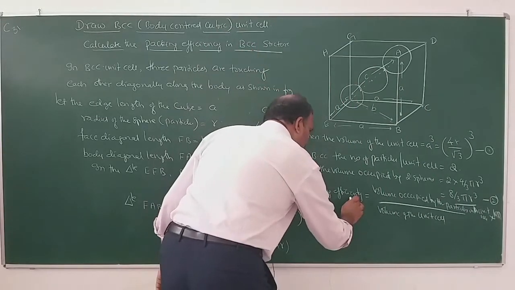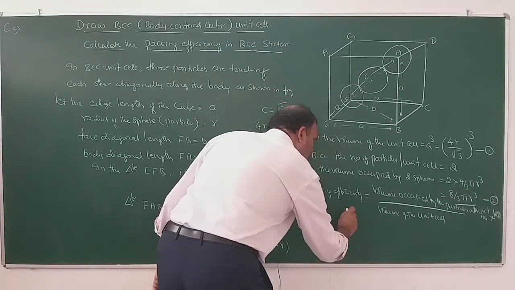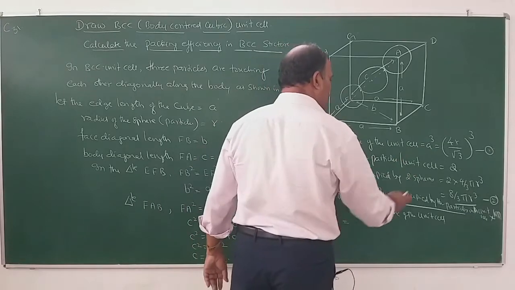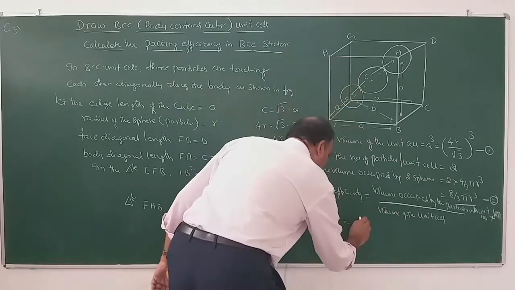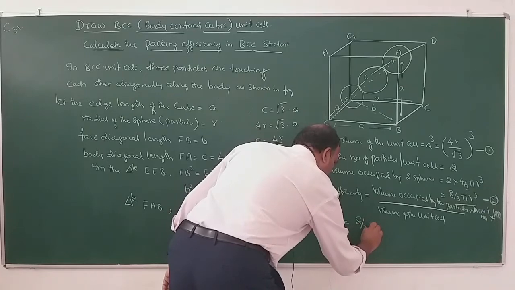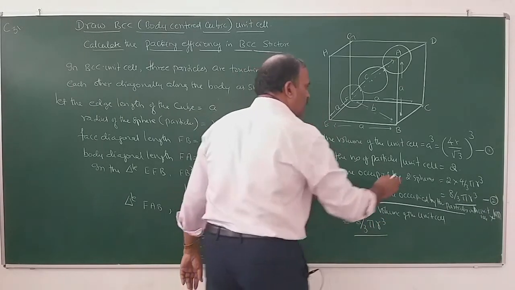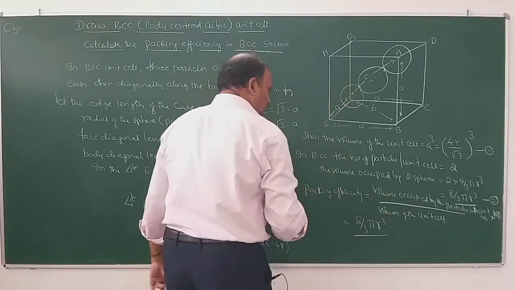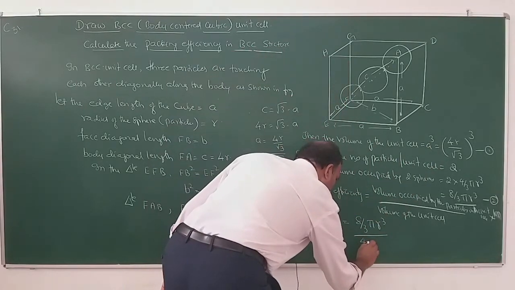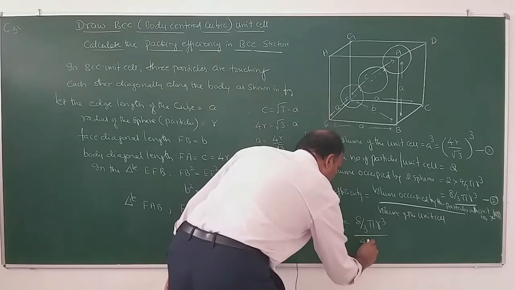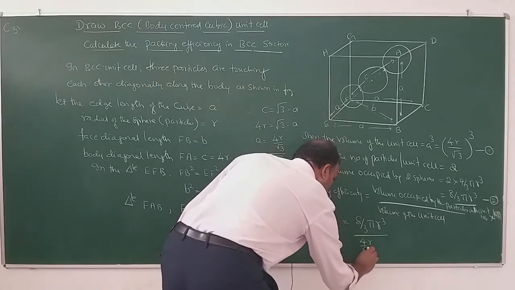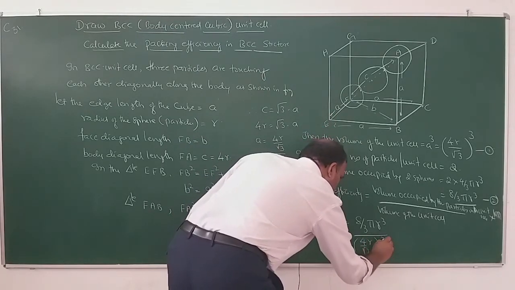So this formula you know. What is the volume occupied by the particles? This is the volume occupied by the particles, that is 8 by 3 pi r cube. Then what is the volume of the unit cell? Volume of the unit cell is 4r divided by root 3 whole cube.